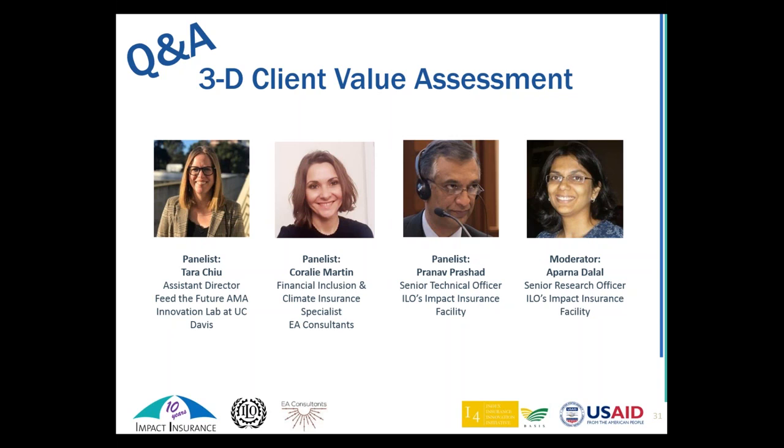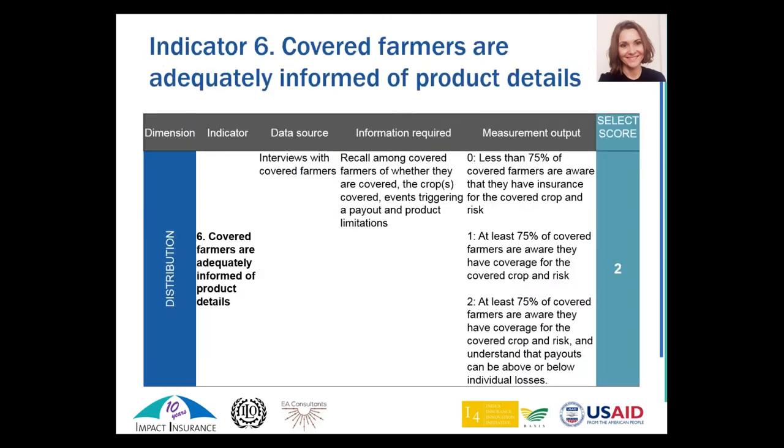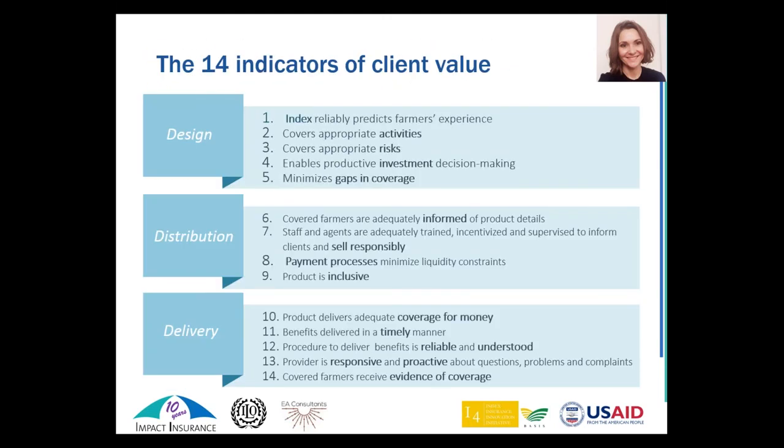But as we were refining the tool and working on different versions of it, we realized that all of these indicators have minimum standards that should be met to ensure that the products are designed in a way that is helpful to farmers. So in the end, what we ended up doing is keeping all of these indicators and not really prioritizing them, but really having minimum criteria for each of them that should be met.